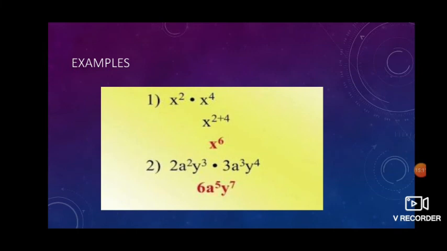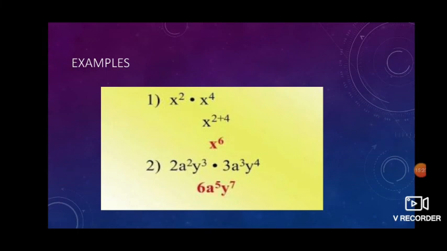Now we'll see with examples. Here we have x to the power 2 into x to the power 4. Here the same base, x and x, so I am going to add the powers 2 plus 4. We'll get x to the power 6. Next one is 2a square y cube into 3a cube y to the power 4.